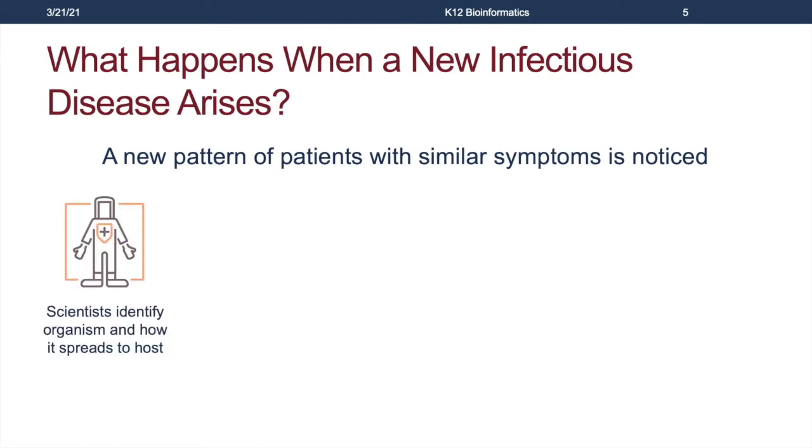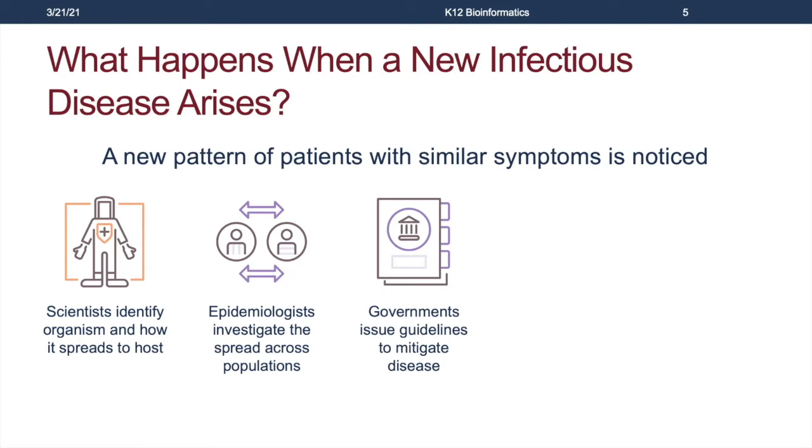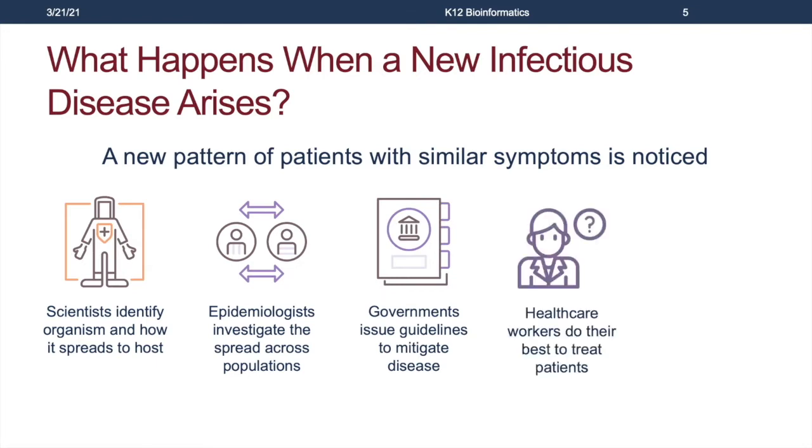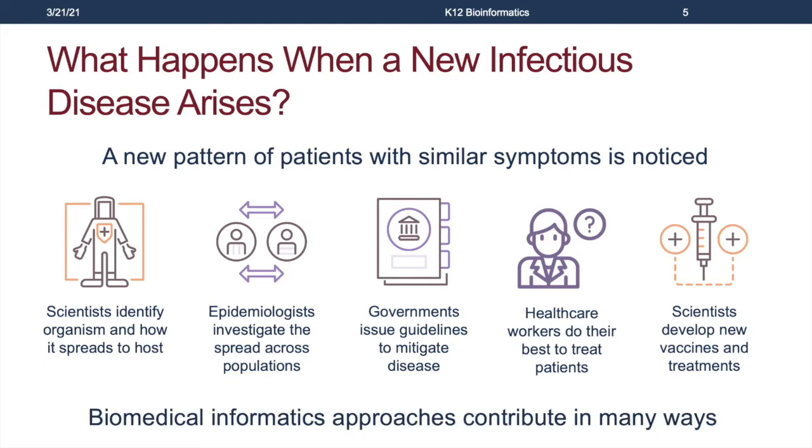Scientists identify the organism responsible and how it spreads to hosts. Epidemiologists investigate the spread across populations. Governments issue guidelines to mitigate disease. Healthcare workers do their best to treat patients. Scientists develop new vaccines and treatments. As you can see, many people in many fields help, and biomedical informatics approaches also contribute in many ways.